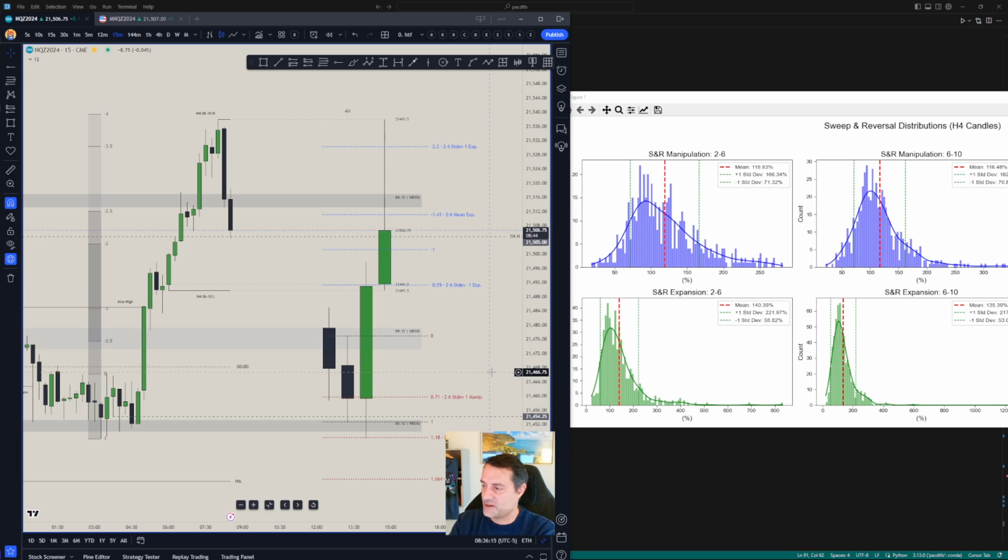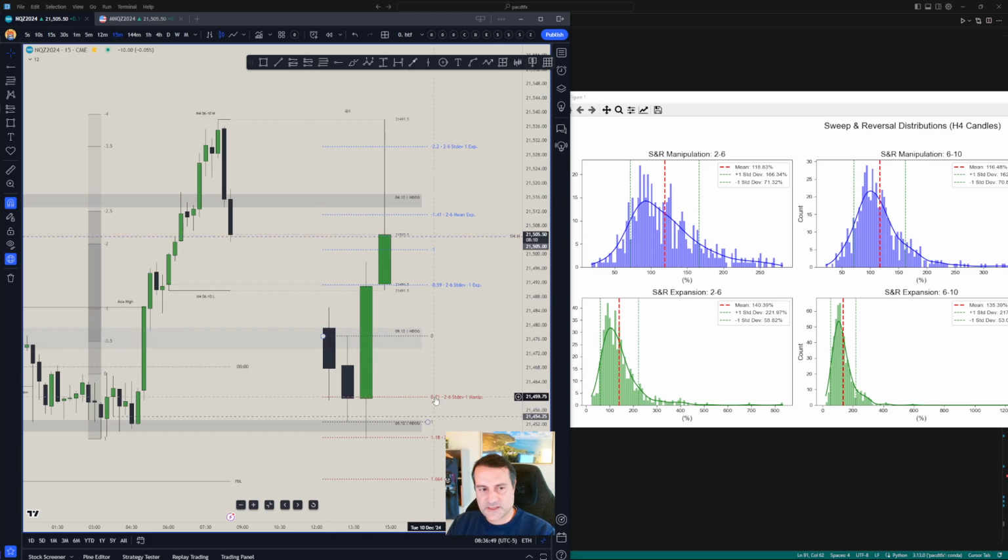So my next step would be to use this value, just backtest to the 6, when there's a sweep and a reversal on lower time frames, and you expect a continuation to the upside. Check what the manipulation has reached, and then take a trade. All right.